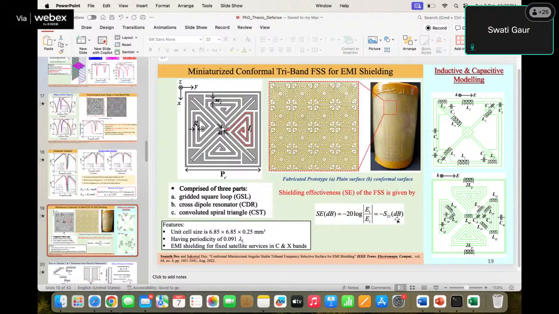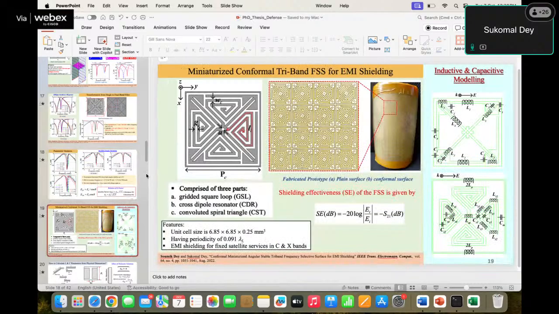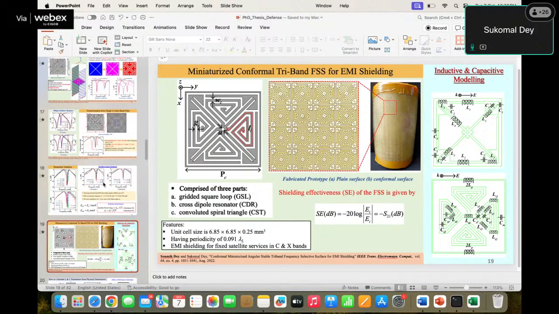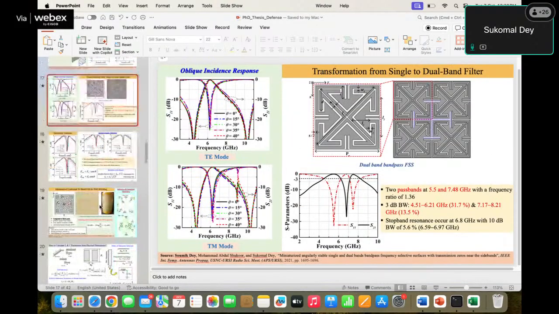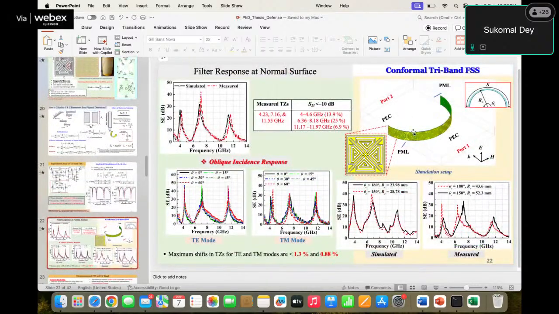Yes, sir. Next question is whether the conformal FSS bending is simulated as such in the PPT. I have shown you one part of the structure, right? Here you can see that.